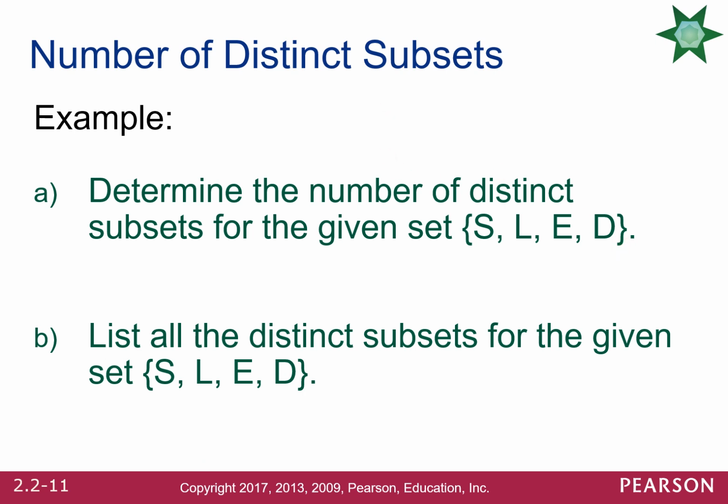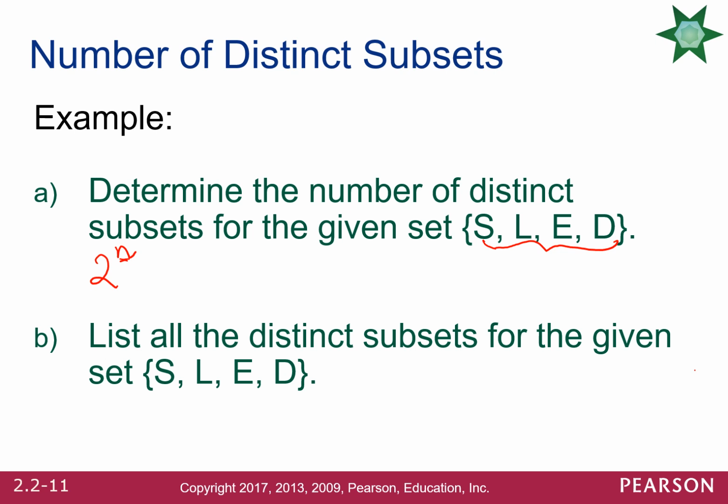So let me take out my pen here. The formula for the number of distinct subsets was 2 to the power n, where n represented the number of elements in our initial set from where we will be creating the different possible subsets.